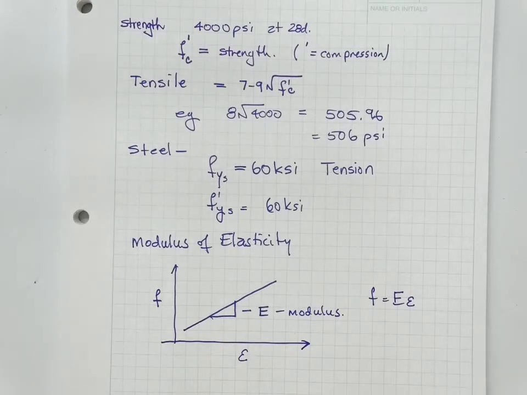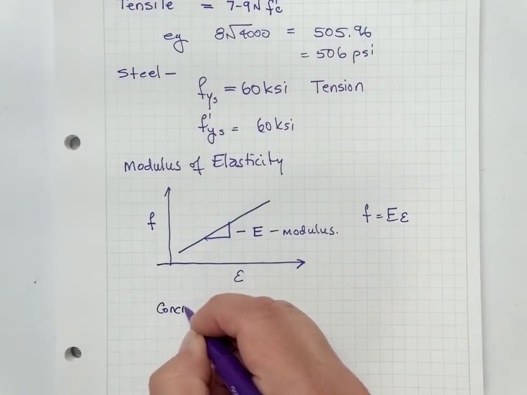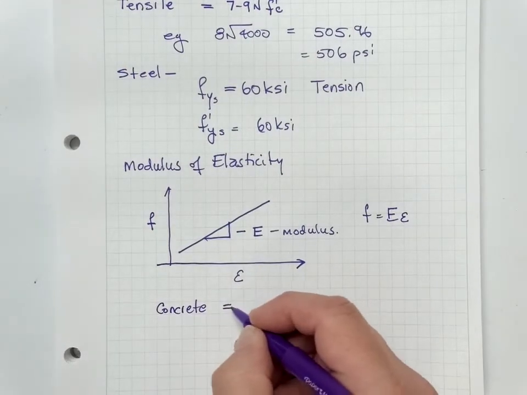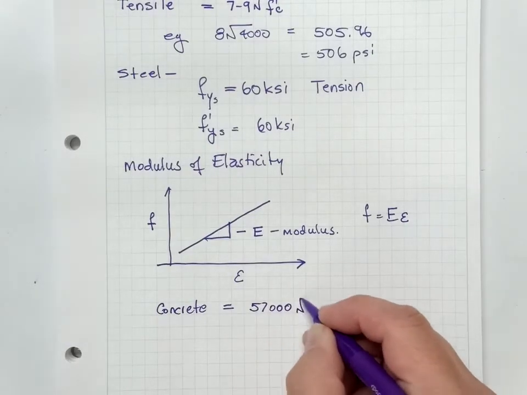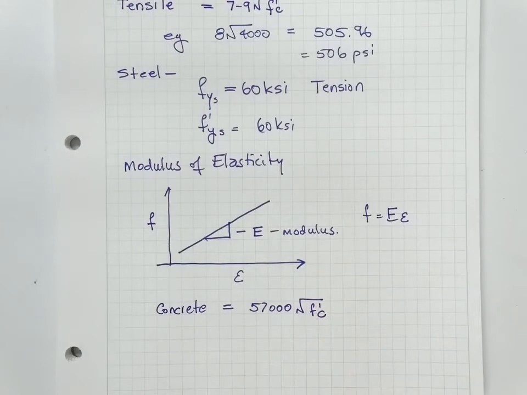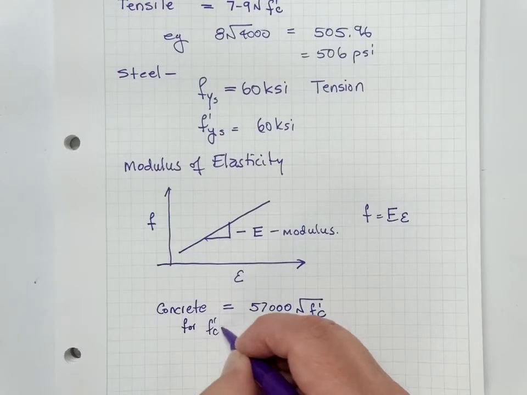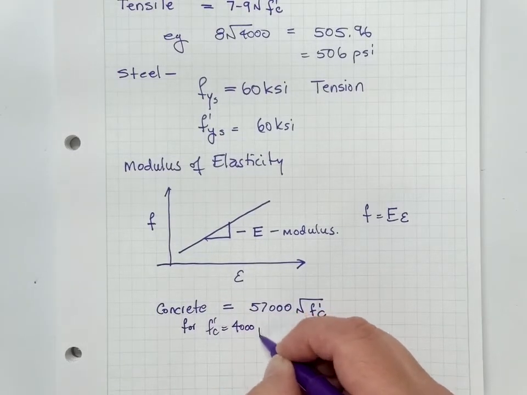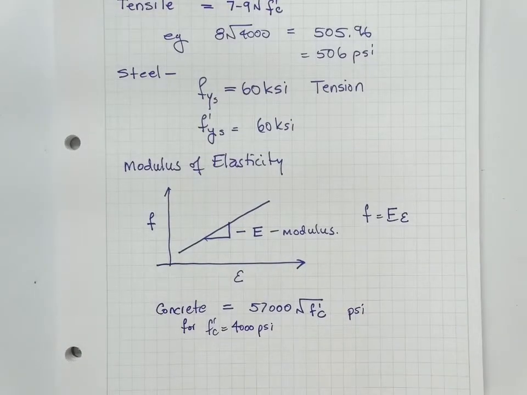So let's take a look. For concrete, like everything else in concrete, it's related to the compressive strength. It's equal to 57,000 times the square root of the compressive strength. So if f'c is equal to 4,000 psi, and this is in psi as well, what's 57,000 times the square root of 4,000?